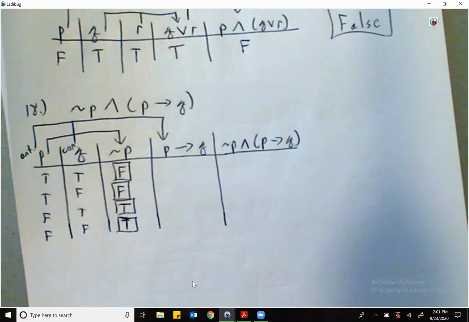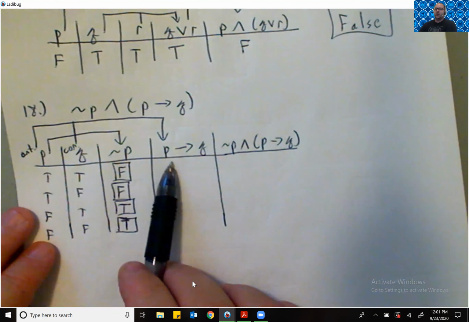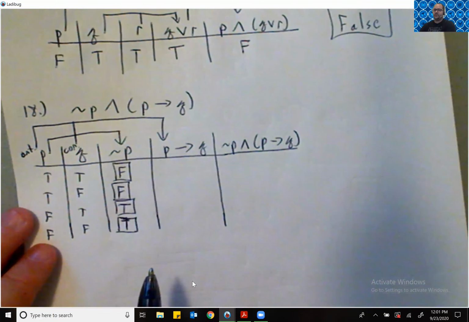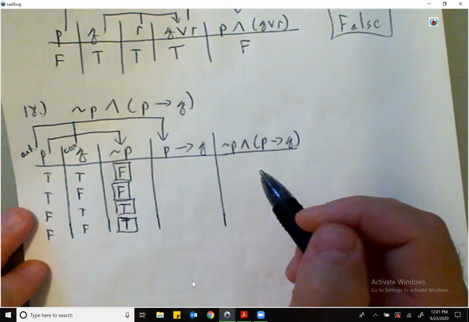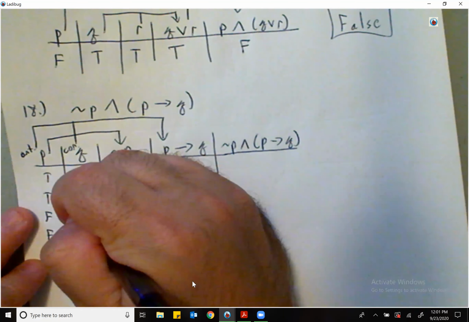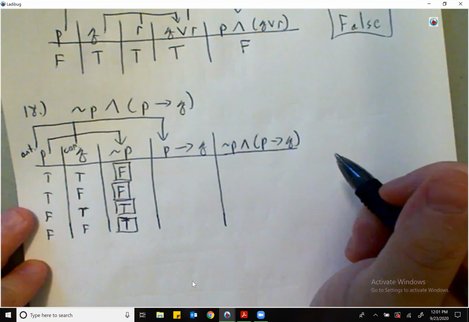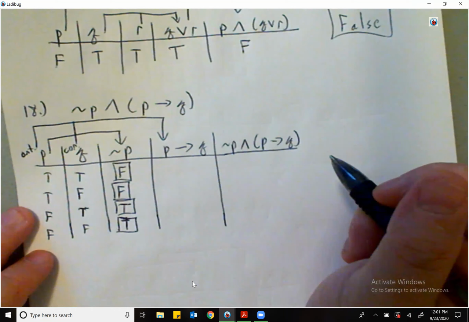You need to look at these columns from the antecedent to the consequent because conditionals are only false when what happens? They're only false if the Q is false, and the P has to be true.